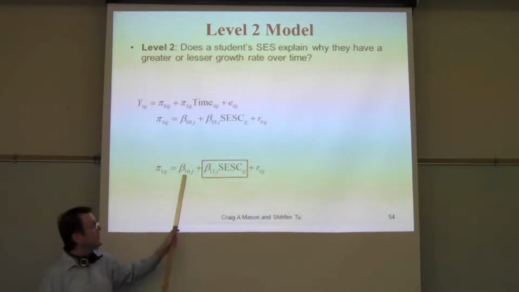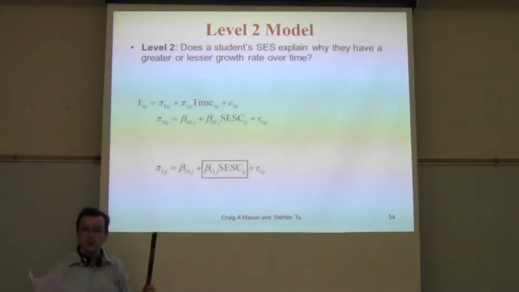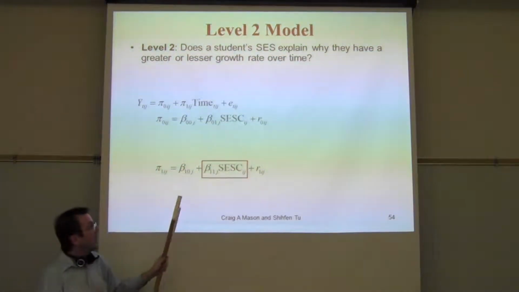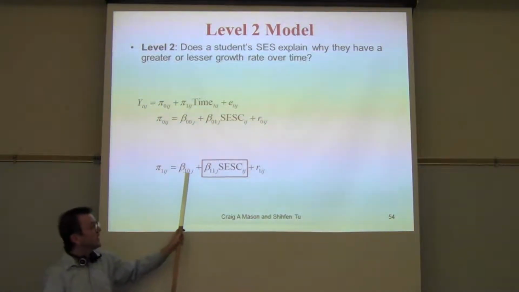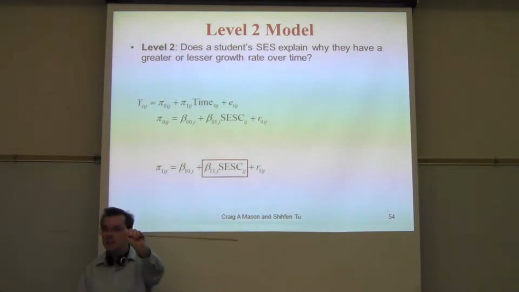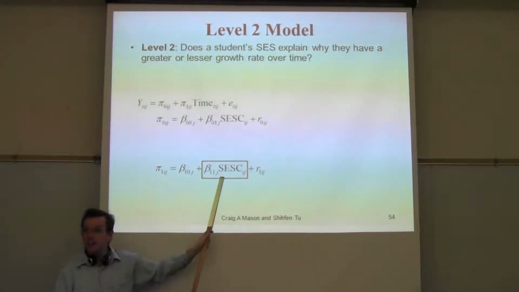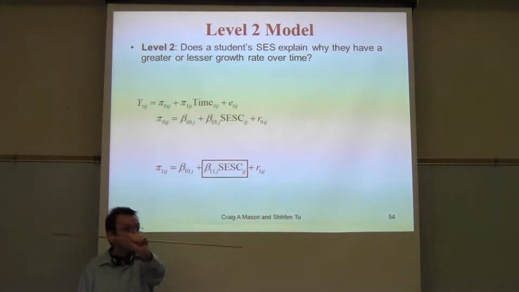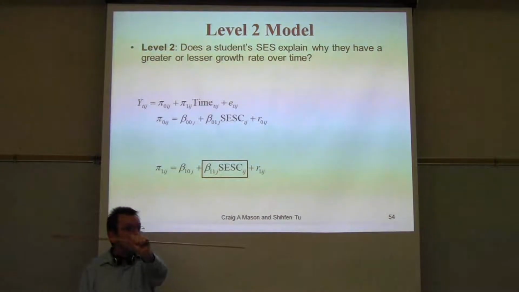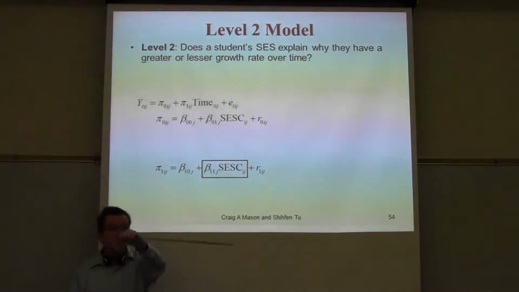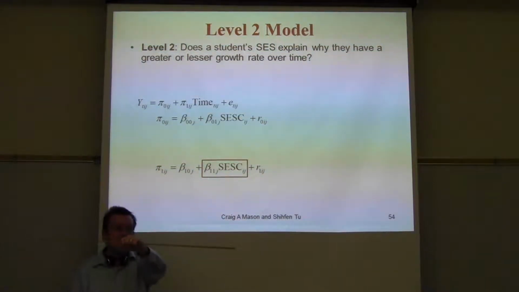So then you'd have to look at the combination of the two. If you've got a school where at the average SES growth is flat, and there's no SES effect, what that tells you is that at the average SES, nothing is happening. But there's no SES effect, so everybody's treated equally. That just means that high or low, they're all flat.